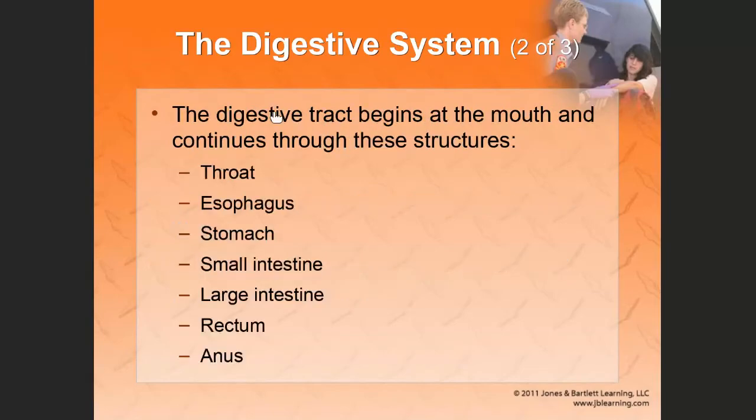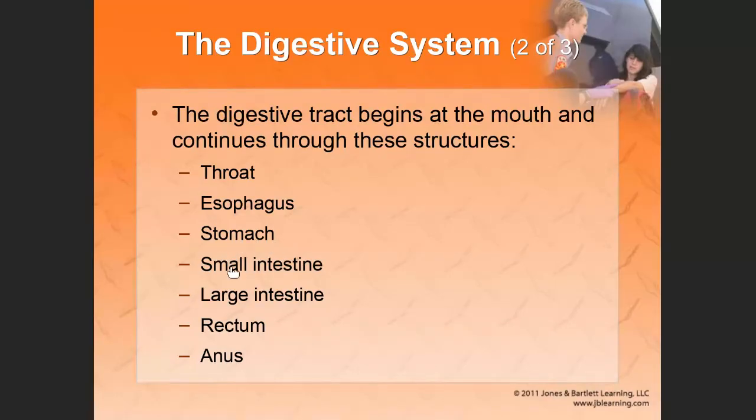The digestive tract begins at the mouth and continues through these structures: the throat, the esophagus, which leads to the stomach, where acid starts to turn the food into a semi-liquid state. Then it goes to the small intestine.